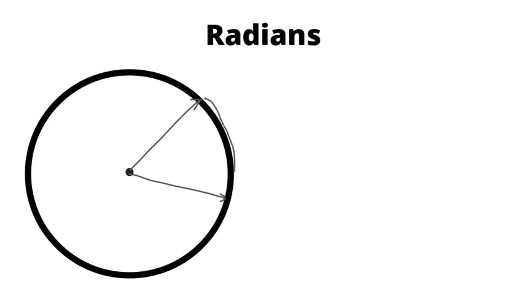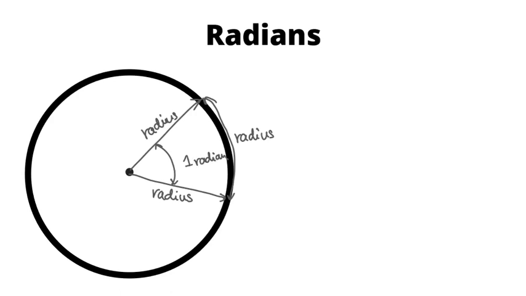A radian is formed at the center of the circle by taking the radius on one side, the radius on the other side, and then wrapping the radius around the circumference. And the angle formed here will equal 1 radian.